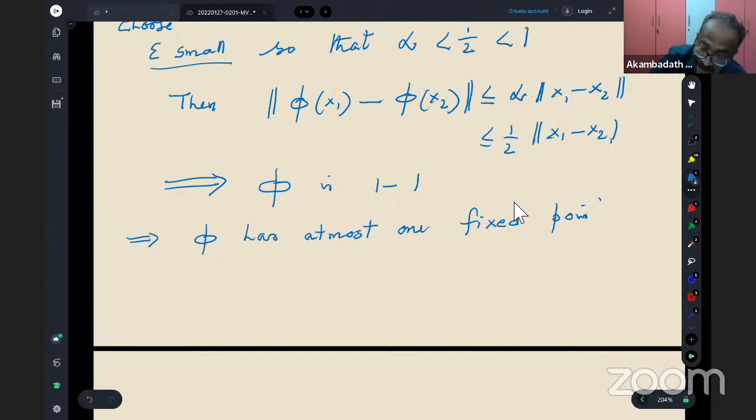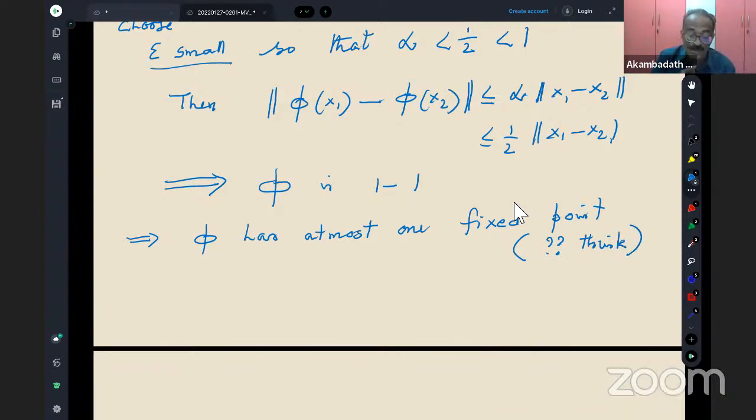If it has two fixed points, phi x1 equal to x1 and phi x2 equal to x2, then the distance between x1 and x2 will be less than or equal to half of itself. If you have not understood, just think. There's nothing to think, but still, if you have not understood, think. So we can have at the most one fixed point.